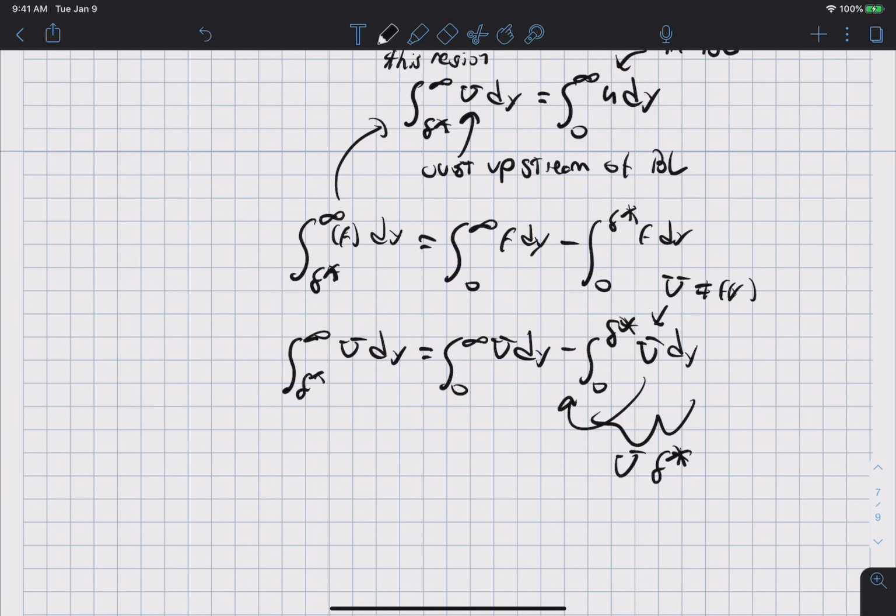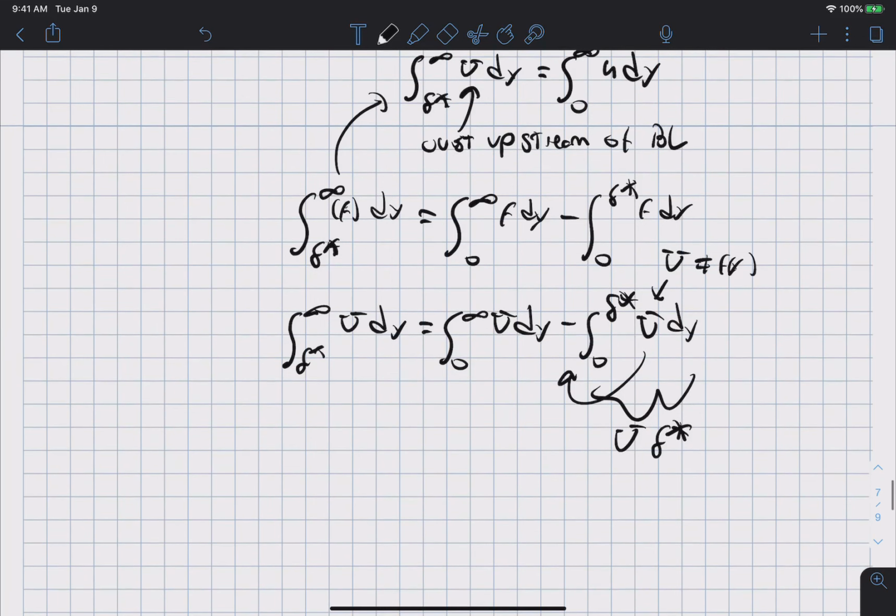Okay, so then I'm going to take this and substitute it into here. Then we have the integral from 0 to infinity of U dy minus U delta star equals the integral from 0 to infinity of u dy.